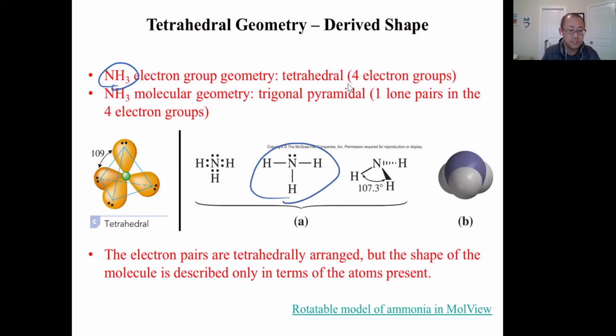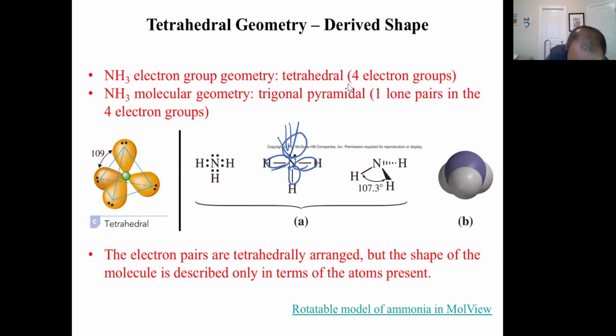If you practice now, you can see that on the central atom nitrogen, there are how many groups? 4. 3 of them are single bonds, and 1 of them is a pair of electrons. So 4 electron groups.